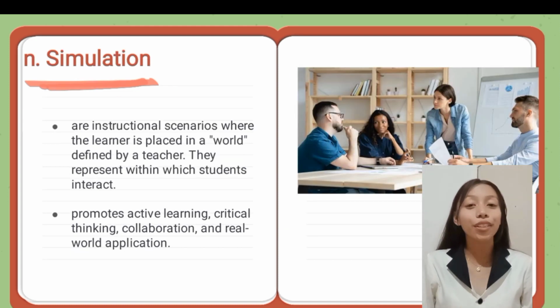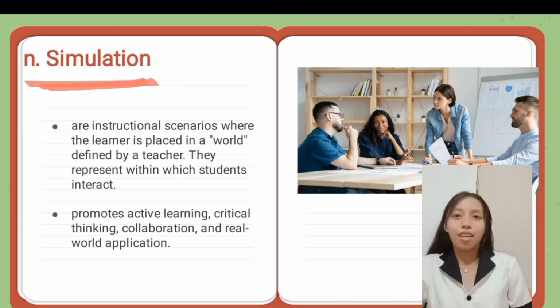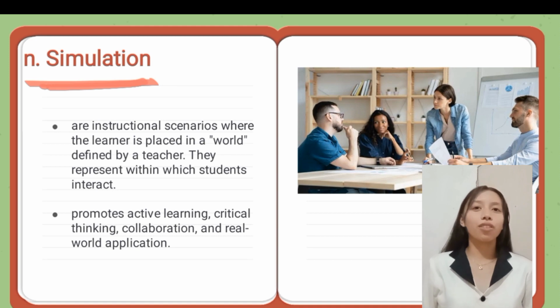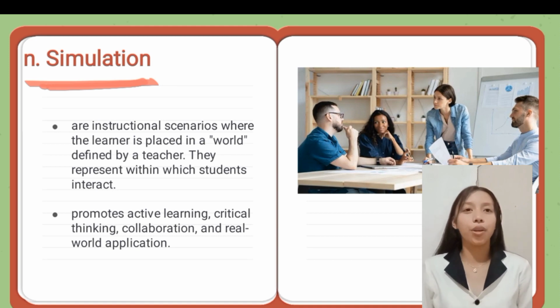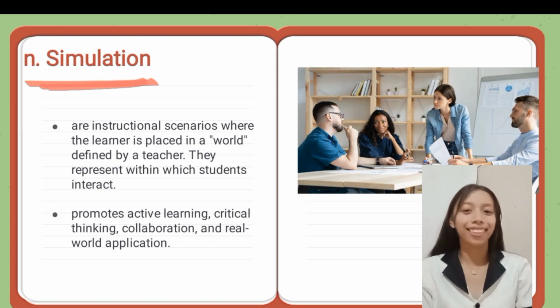So the last learner-centered instructional strategy that is covered in my report or presentation is the simulation. Simulations are instructional scenarios where the learner is placed in a world defined by a teacher. They represent a reality within which students interact.